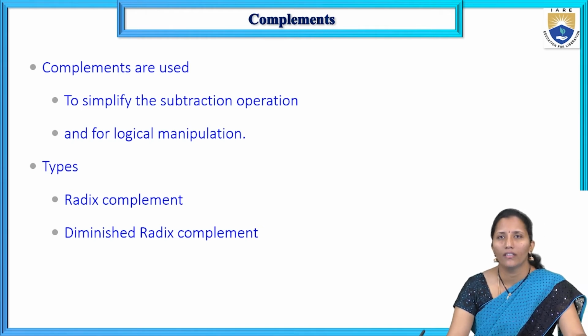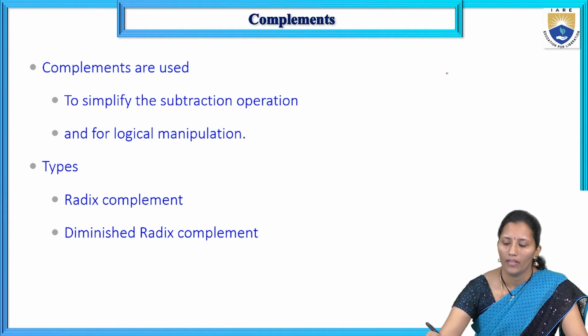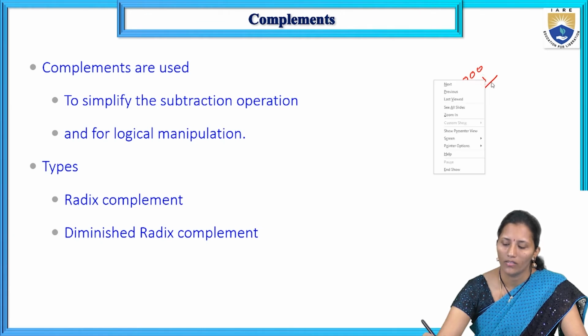Complements. Why are we going for complements? If we subtract any number, say we want to subtract 5 from 8. Here, 0 minus 1, we have to take a borrow.